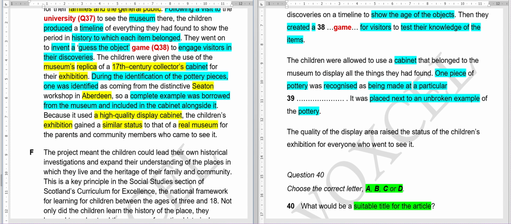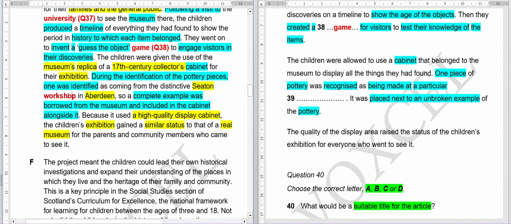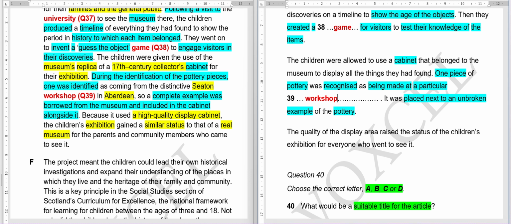Just let me highlight this. So why is it workshop? Because we know from this information that we have to find where it was made.